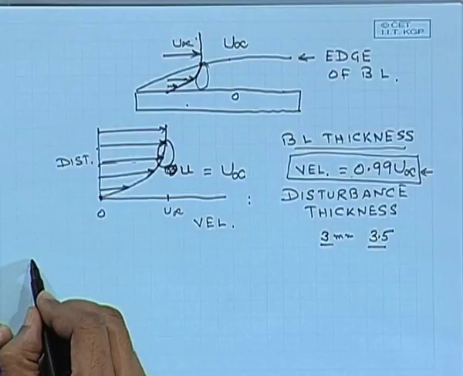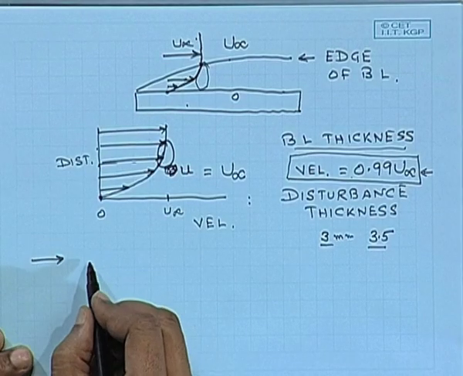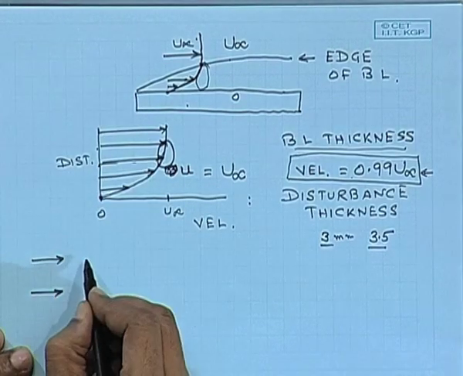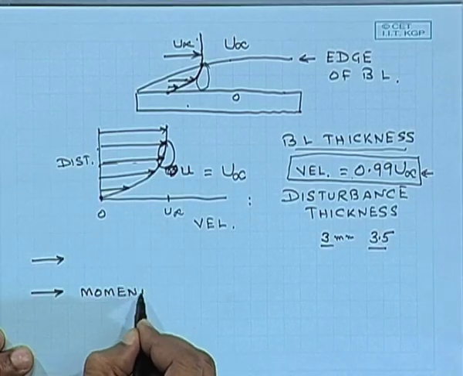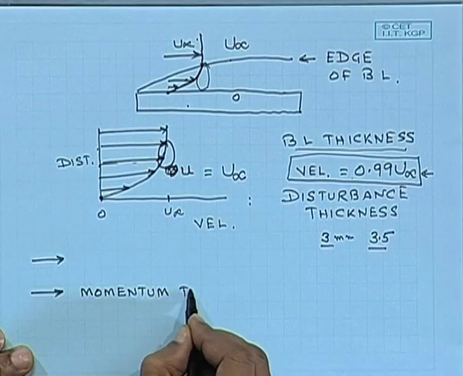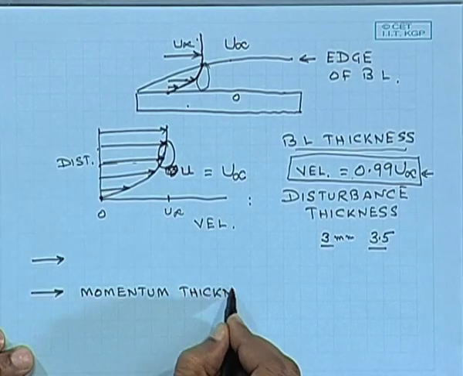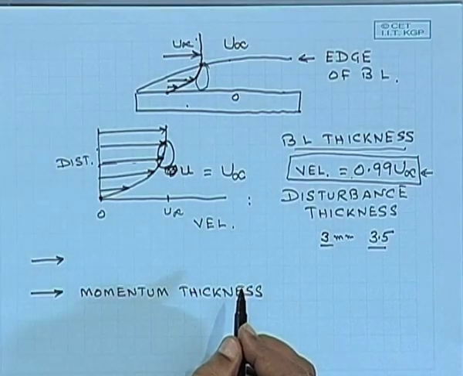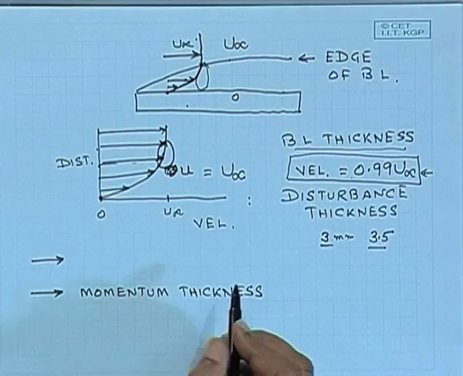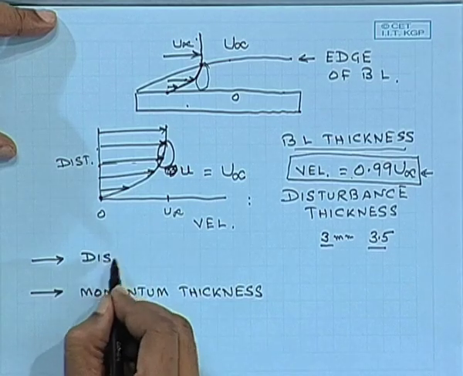So how can we convert that to some sort of an integral approach? This would give rise to two different definitions. One is the momentum thickness, and the second is the displacement thickness.